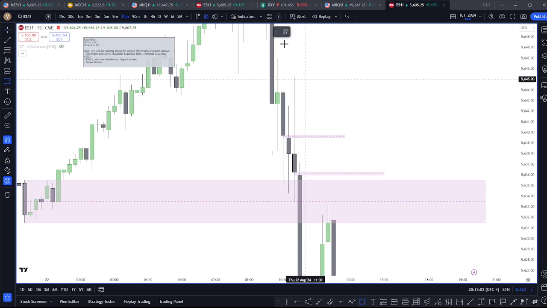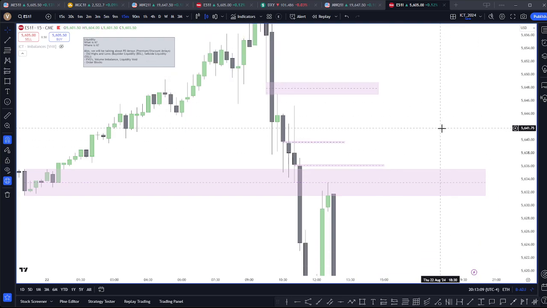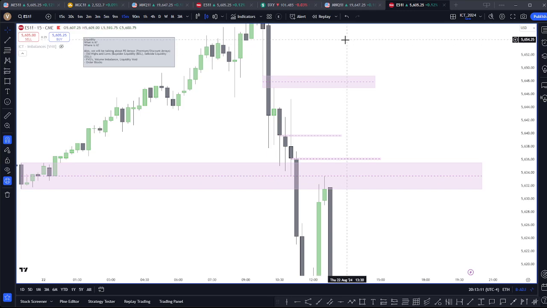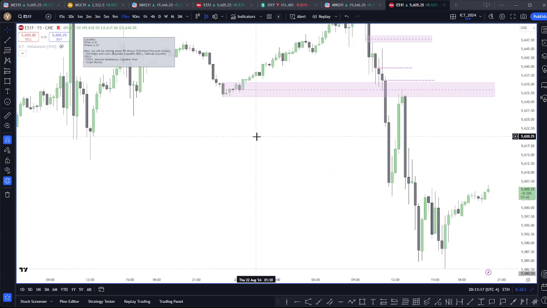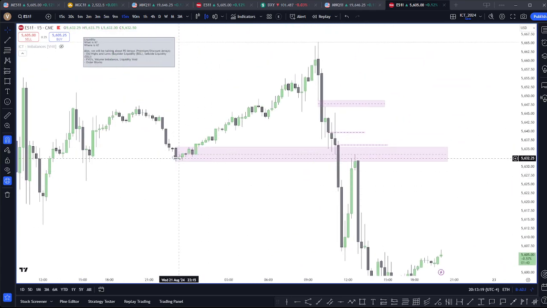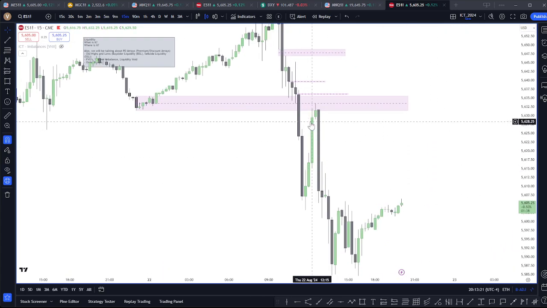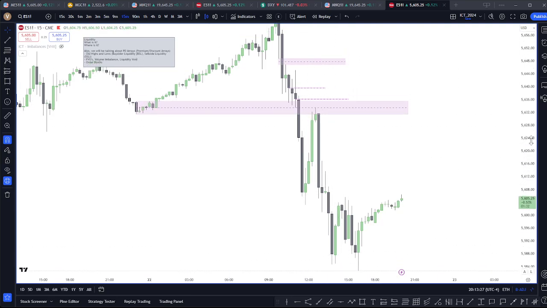And then there's a big fair value gap here. They did not allow it to go higher. They took it all the way up to the breaker block. Since they didn't allow it, this order block became a breaker block and it came down.